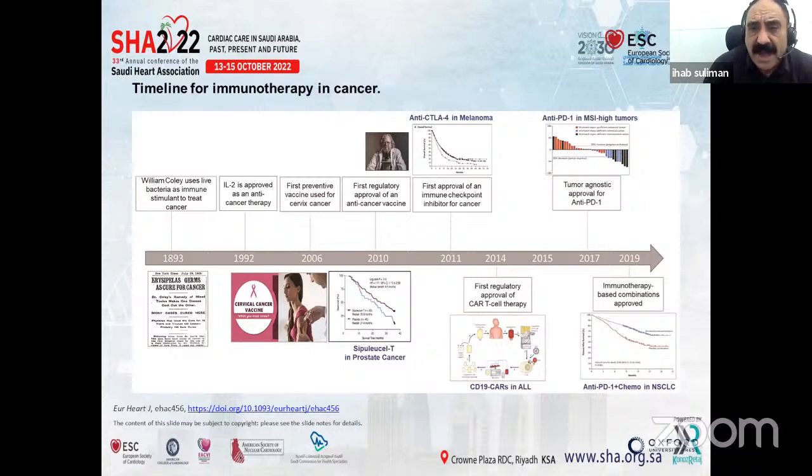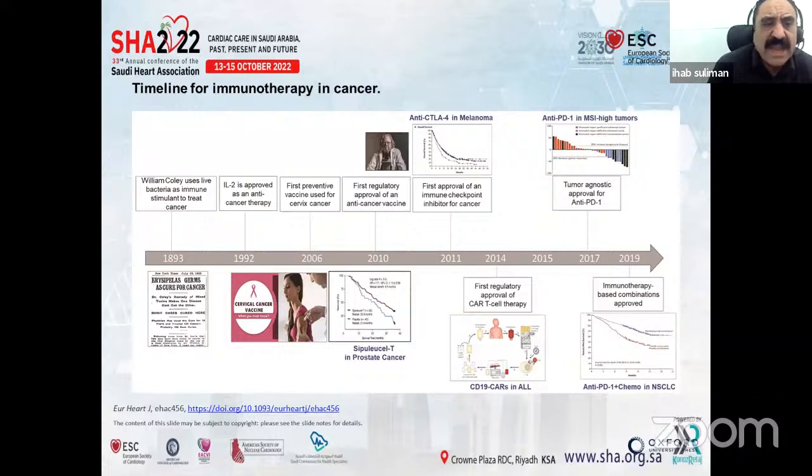This diagram I downloaded from the European Society of Cardiology, and it gives us a historical progression of immune therapy.